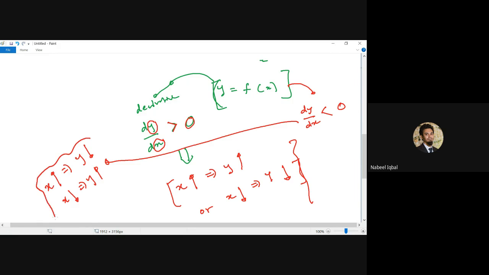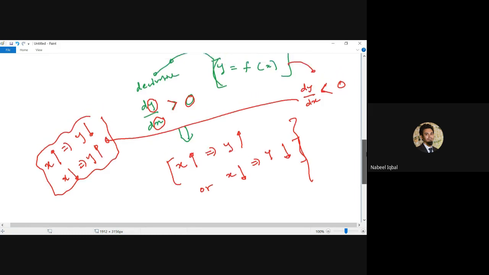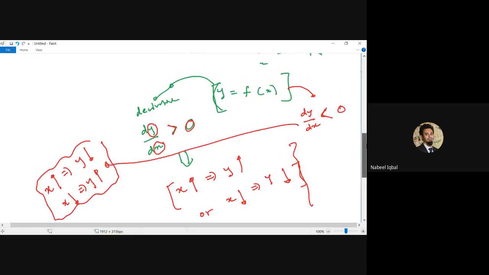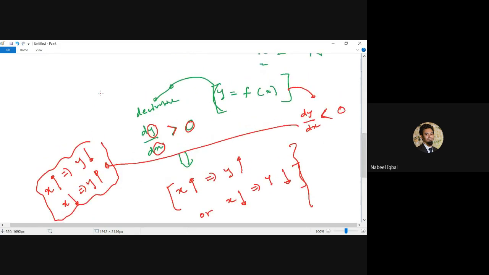So just by looking at the sign of the derivative, you can get some idea about the nature of the relationship between the variables. Interestingly, sometimes we might even want to find the second derivative, right? So we can differentiate this derivative, and we can find the second derivative. Interestingly, the second derivative has this particular symbol.